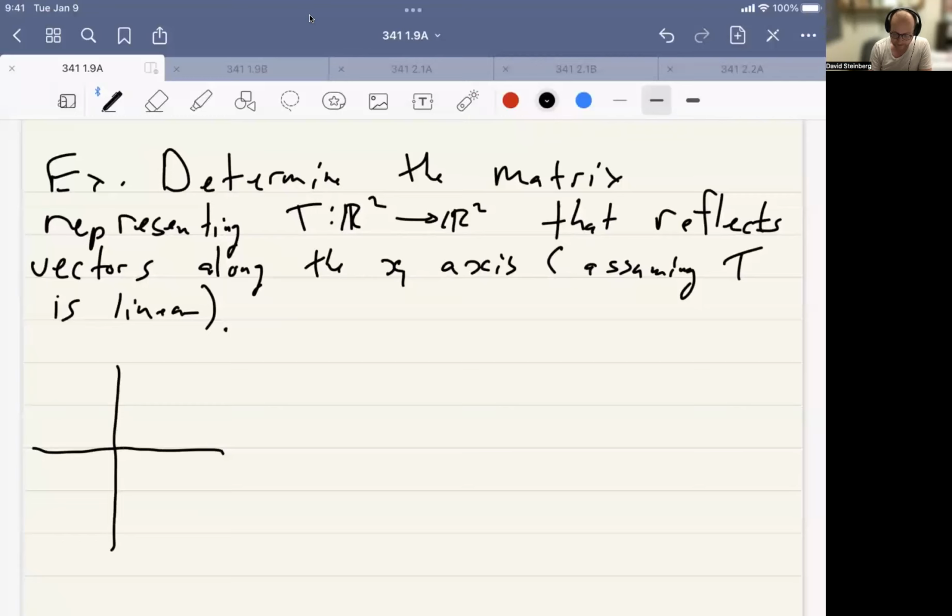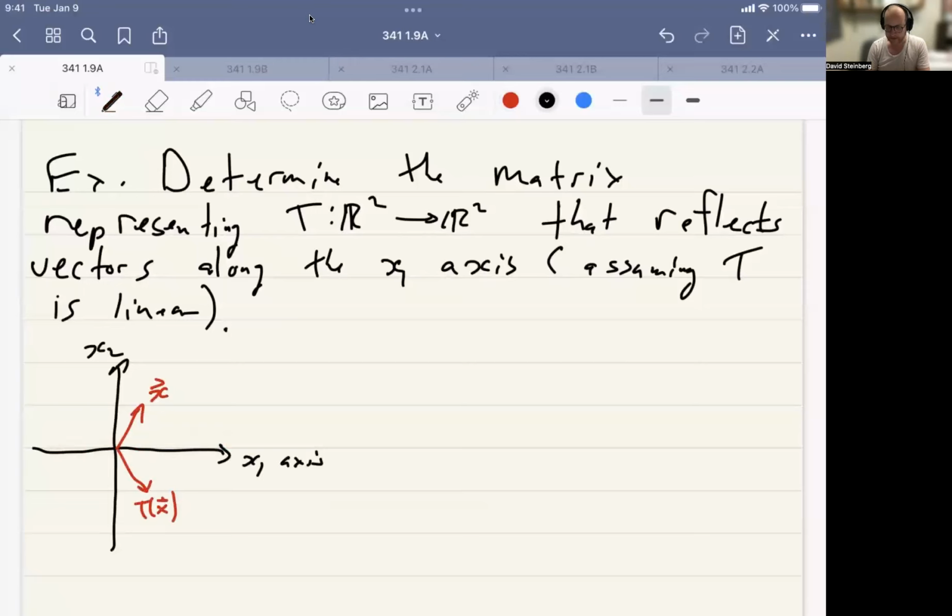A reflection along the X1 axis, with our X2 axis here. If we're reflecting along the X1 axis, it means that if we grab a vector like so, we just want to take the mirror image. So this will be like that. That's T of X.